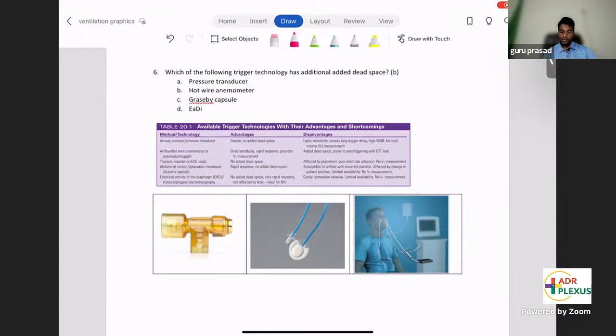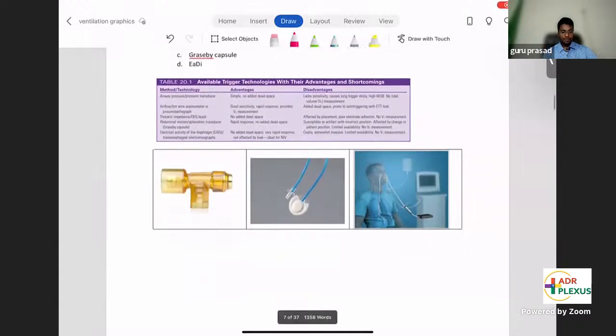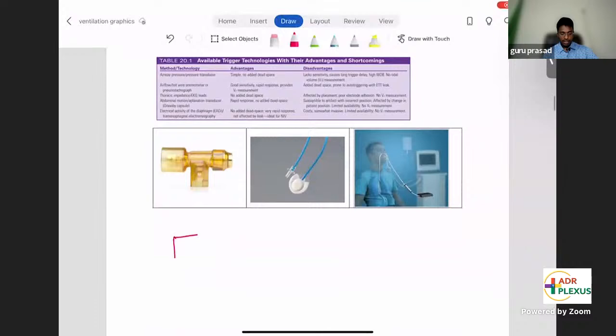So how does the ventilator sense? Basically, whenever you are connecting the baby to a ventilator, whenever the baby wants to take a breath, it will take a breath. So there will be some negative pressure generated. This negative pressure, or whatever pressure difference is created, is detected by a transducer that is present inside the ventilator.